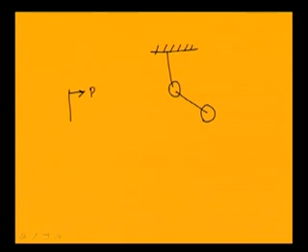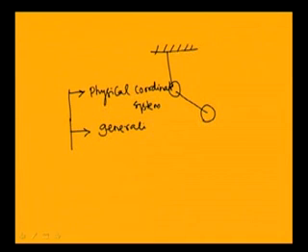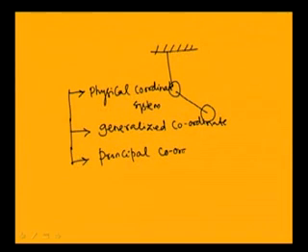One is the physical coordinate system, second one is the generalized coordinate system, and third one is the principal coordinate system. In the case of physical coordinate system, you can put any physical coordinates to describe the motion of the system, and in the case of generalized coordinate system, these are the minimum number of coordinates required to express the motion of the system.